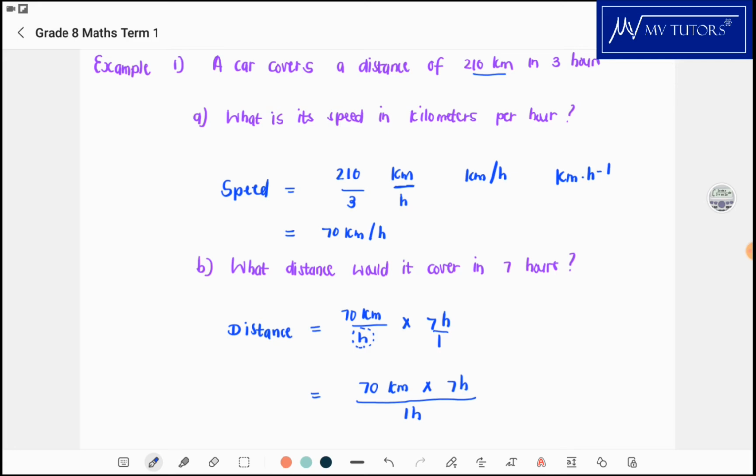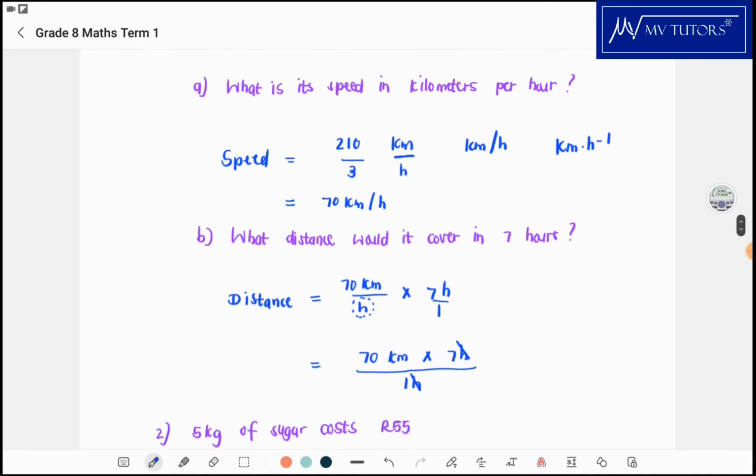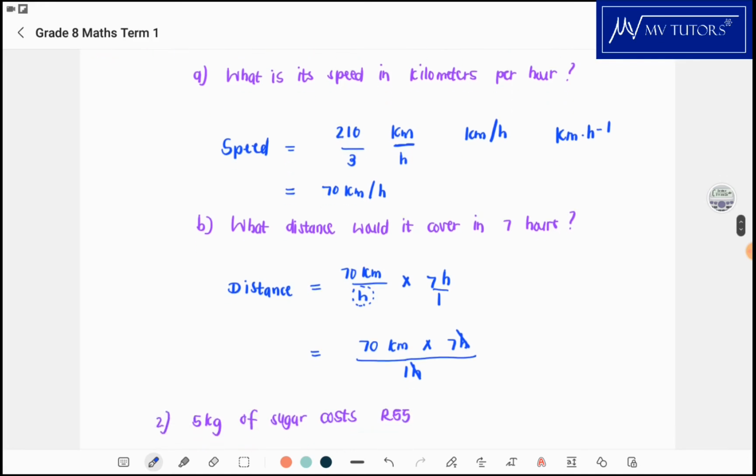The hours will cancel out, and anything divided by 1 is just itself. So we are left with 70 kilometers times 7. 7 times 7 is 49, so with this 10 it will be 490 kilometers, and that is the distance that you would cover in 7 hours if you are traveling at 70 kilometers per hour.